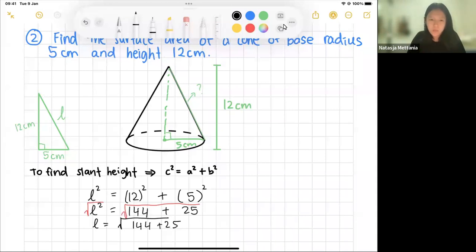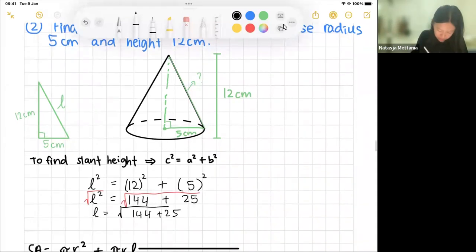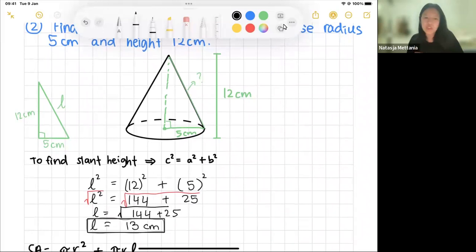Put that into your calculator and you should get 13 as L. I'm going to box that so that that's my L.